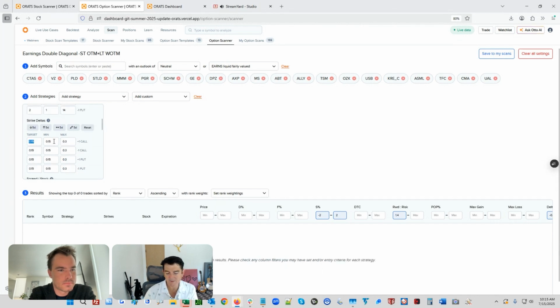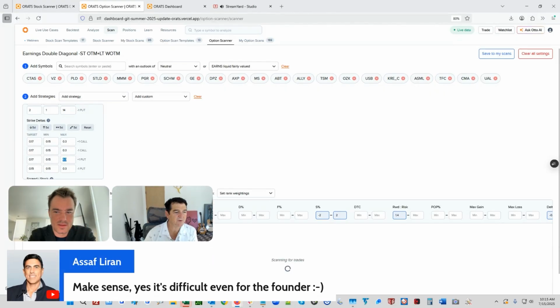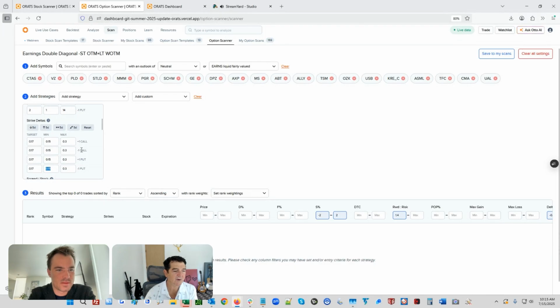And the deltas, maybe I'll make this a little bit wider. I'll put this in between. I bet it's the leg relationships. Yeah, probably, but this is what you do when you don't find anything. You start widening things out.